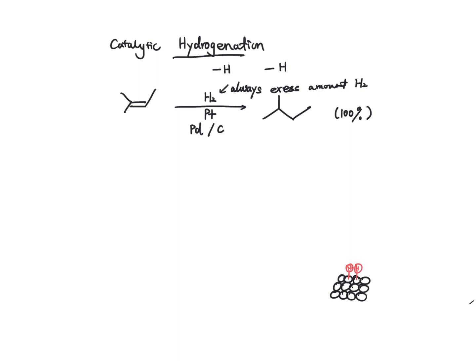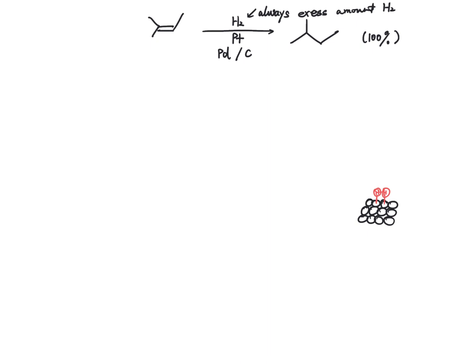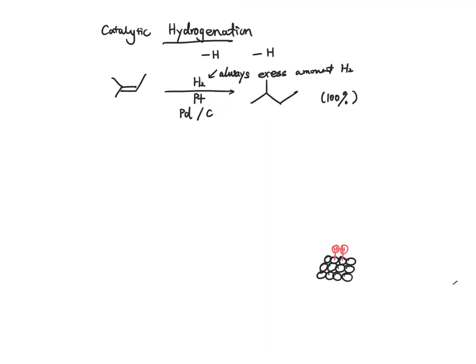This is one hydrogen gas. So when your alkene comes in, this hydrogen will be on the same side of these two carbons. So that means when it's added onto it, it will be a syn addition. So for catalytic hydrogenation, it is syn addition.